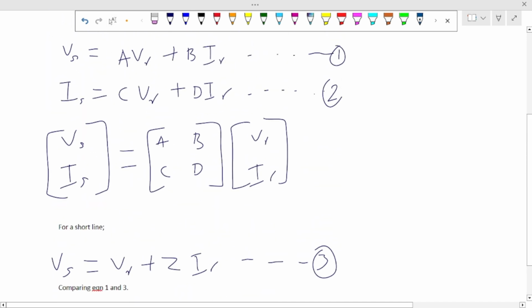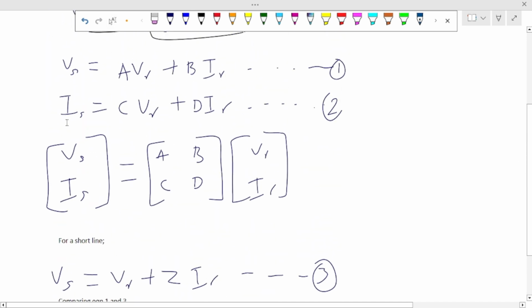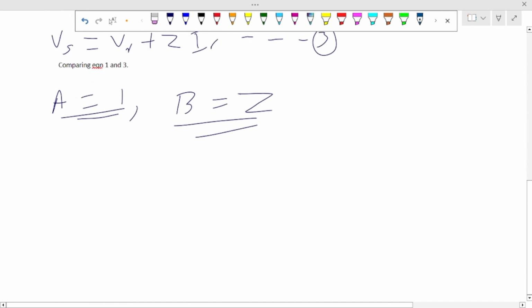Then coming back to equation 2, Is. For a short line, we've said that Is equals Ir, almost like a series network.